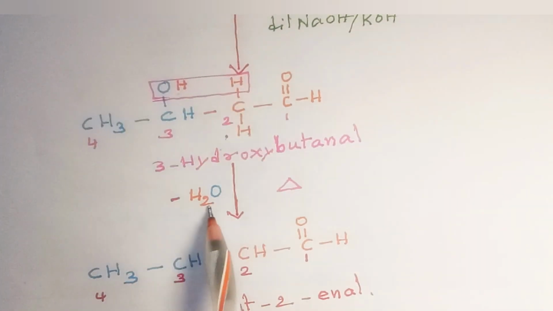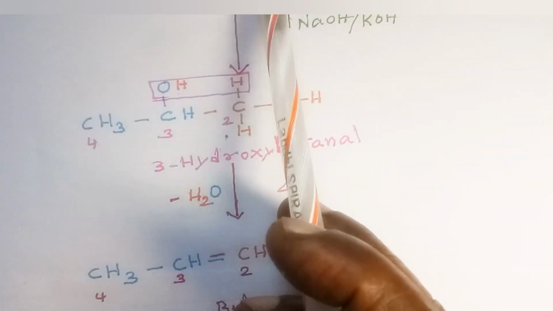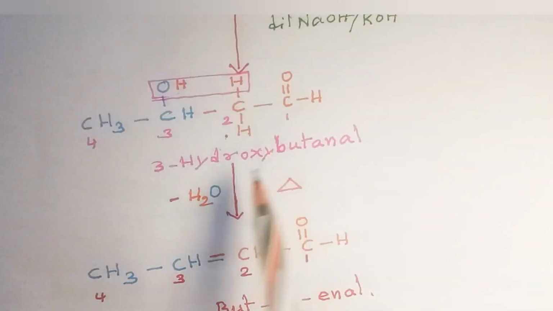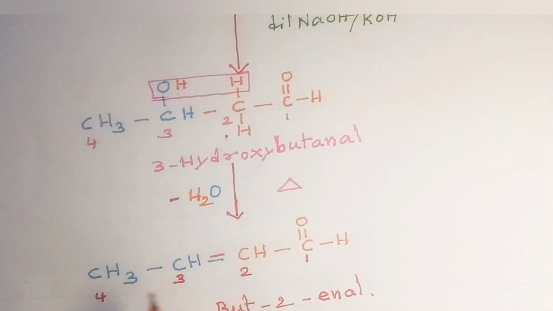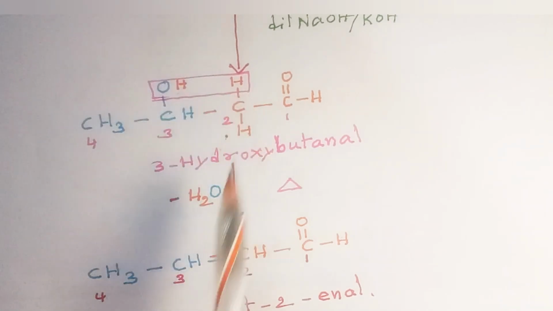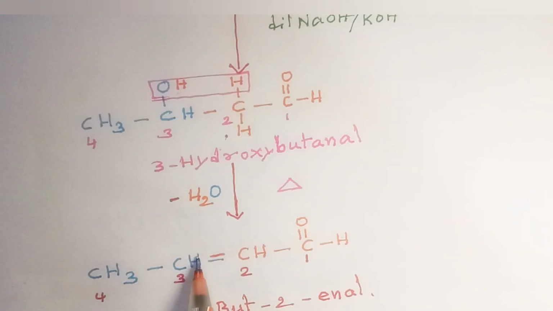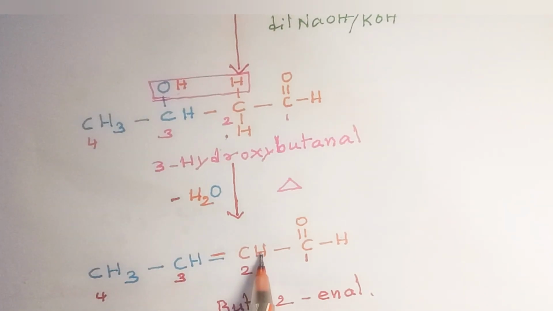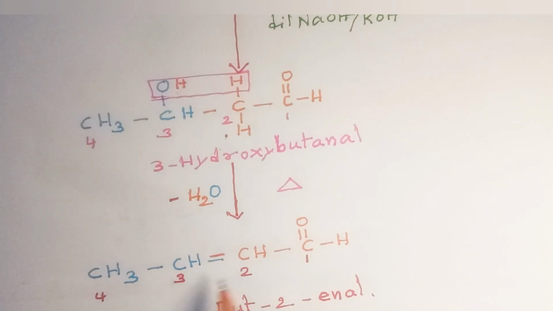See, this H2O is made up of both alpha hydrogens from the second reactant and the oxygen atom from the first reactant. So, after losing this OH, this carbonyl carbon will form another bond with this alpha carbon of the second reactant, as a result of which we get CH3, CH double bond, CH, C double bond, OH.